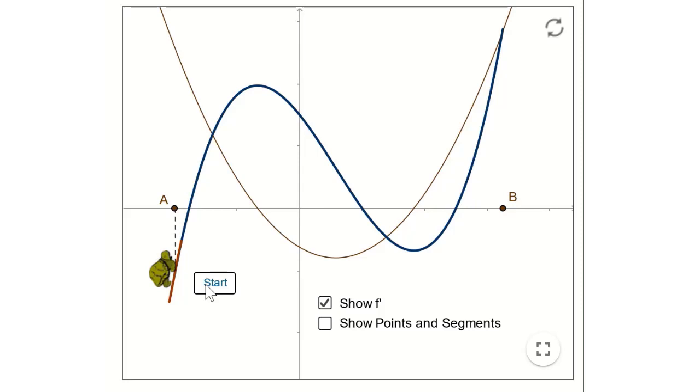So let's have that turtle start. You can see the turtle, that's the slope of the tangent line. So we can see that he's creating that first derivative value. Here, if you look, as he went from here up to here, that first derivative was always positive. It was always increasing.